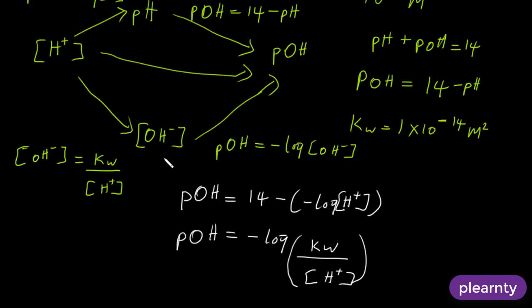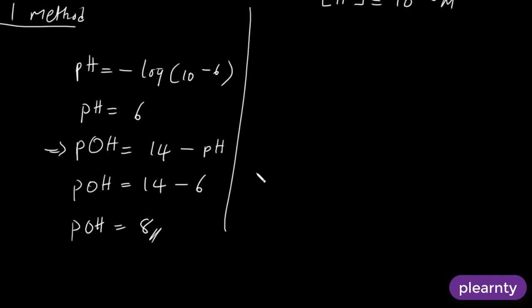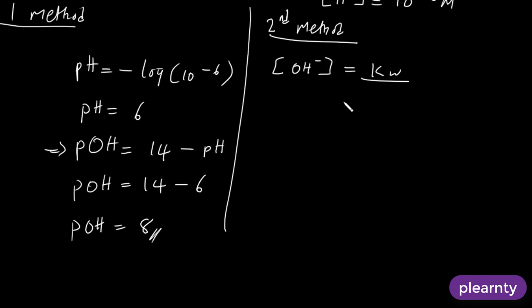The second method is that we could find the hydroxyl ion concentration. So let's do that first. We could say hydroxyl ion concentration is equal to Kw, which is the ion product, over hydrogen ion concentration.